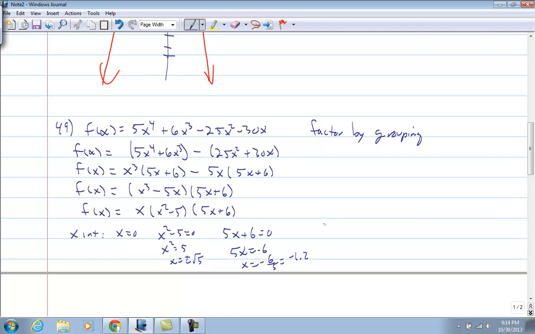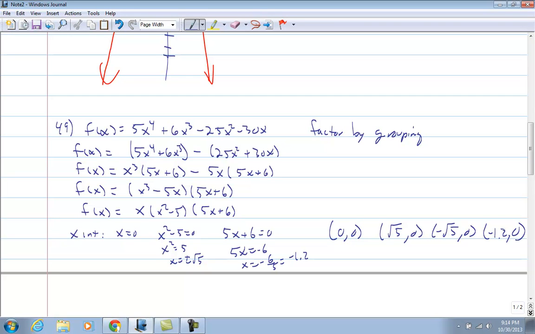So we have (0, 0). We have (square root of 5, 0). We have (negative square root of 5, 0). And we have (negative 1.2, 0). And just to give it a little more relevance, what is the square root of 5?